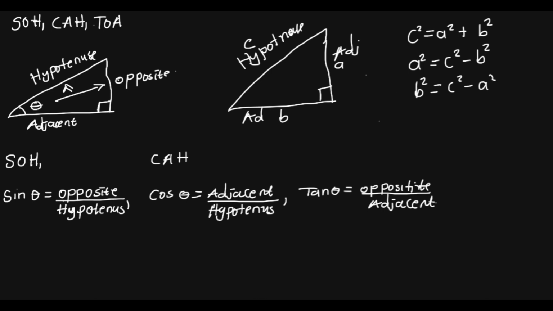Okay, now let's look at the first example. Let's say we have this right angled triangle. Under this triangle, we have this distance 4 centimeters, and here 3 centimeters, and let's say our theta is here.